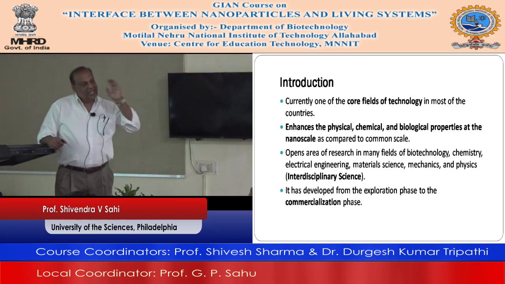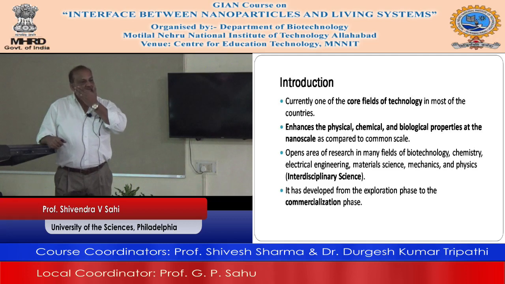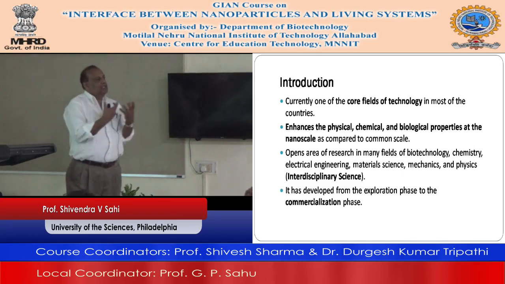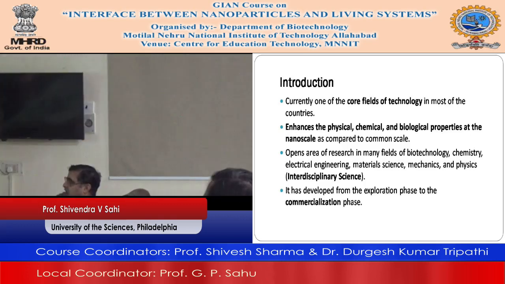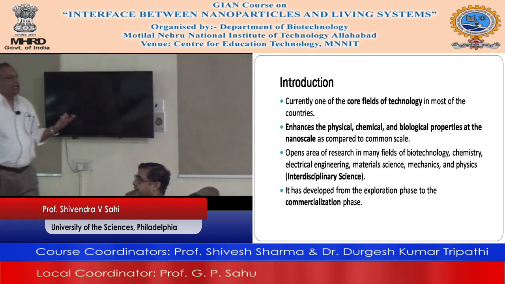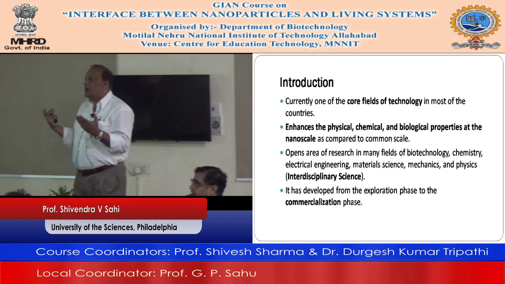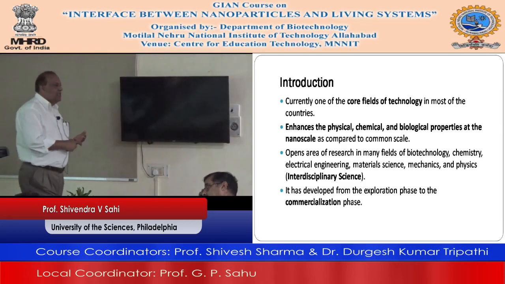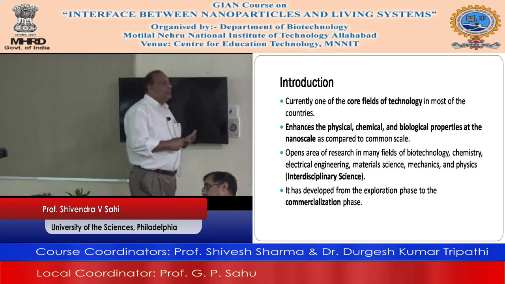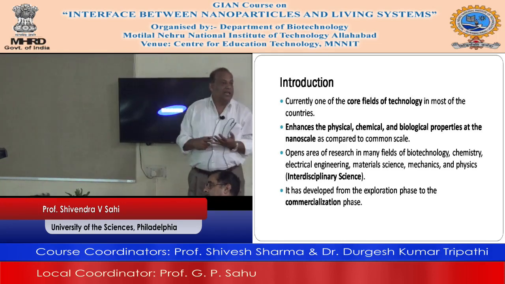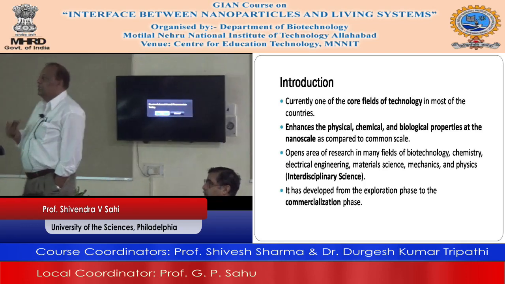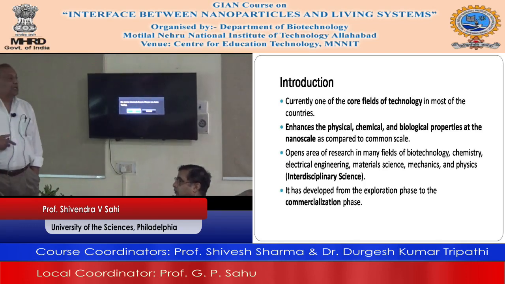As I was saying earlier, nanoscience is an interdisciplinary science, you can call it. So we are talking about biotechnology, chemistry, physics, and material science. Nanotechnology is being studied in material sciences, electrical engineering, physics, and so on.